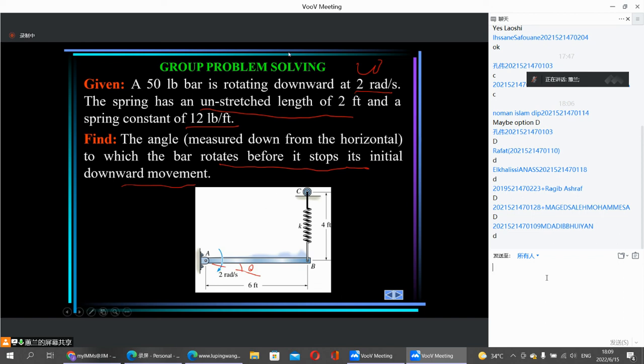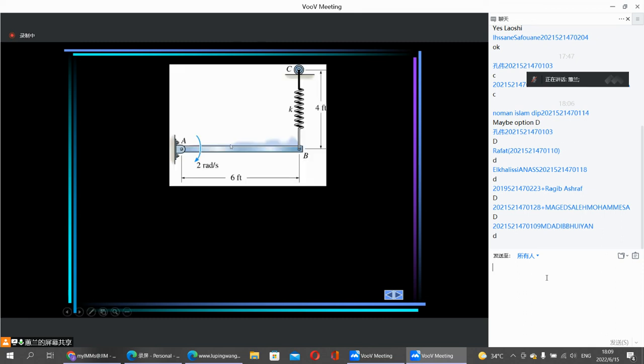I would like you to solve this with conservation of energy and the principle of work and energy. I mean, two approaches. One is to apply conservation of energy. The other is to apply the principle of work and energy, and then submit, okay?